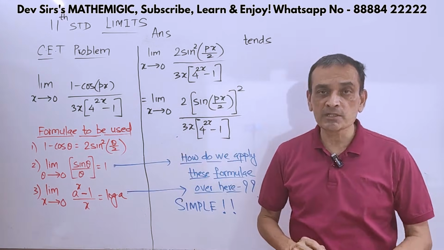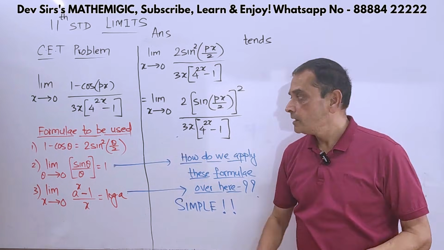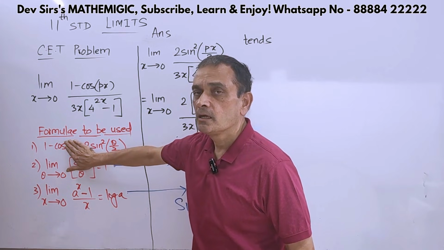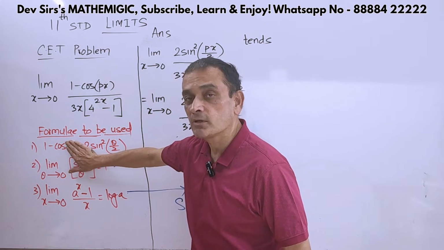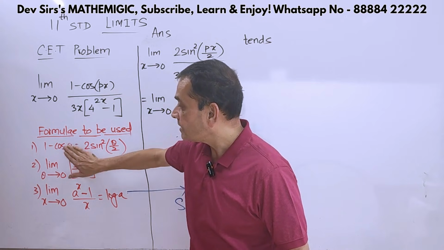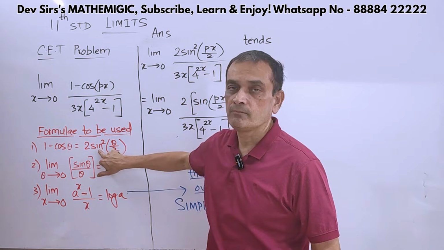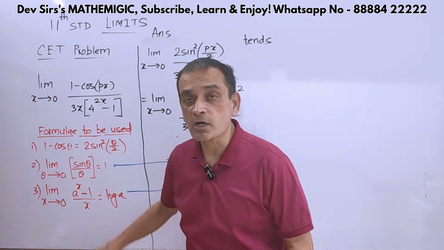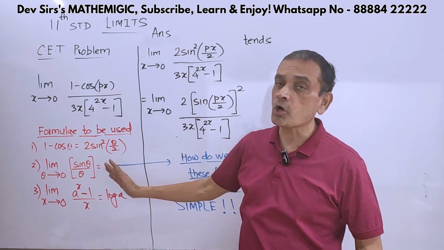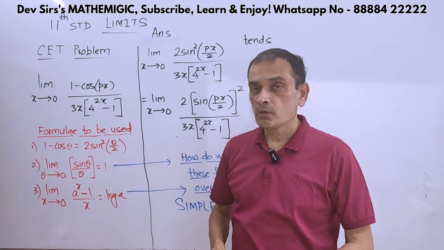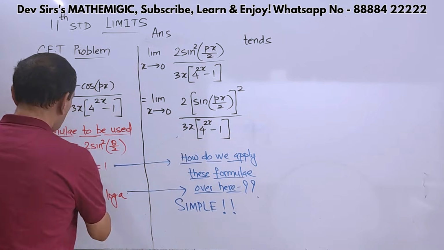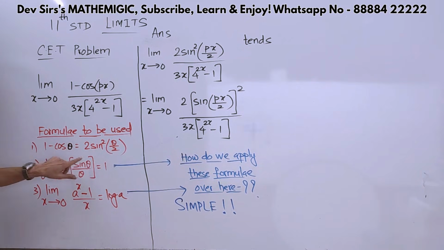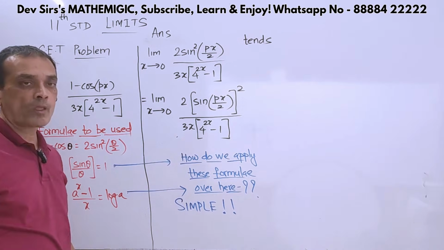Whatever the angle, if you get 1 minus cos, then on the right hand side 2 sin squared theta by 2. If you get 1 plus cos, then on the right hand side 2 cos squared theta by 2. Since you have 1 minus cos theta, it is 2 sin squared theta by 2, so take half the angle.